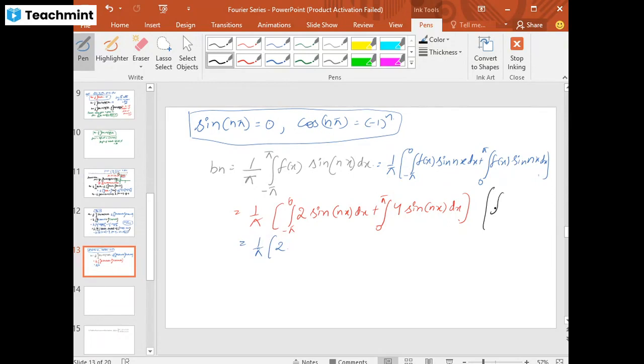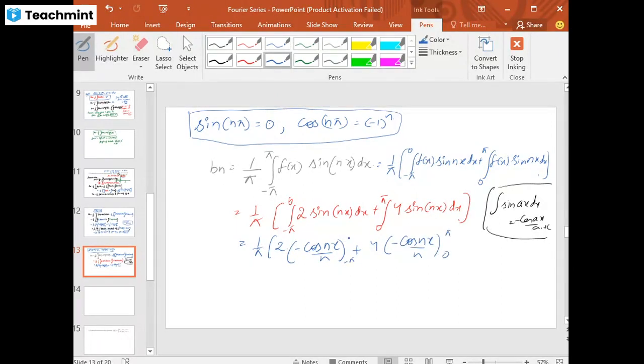So the integral of sine ax dx is minus cos ax upon a plus c in case of an indefinite integral, but because it is a definite integral, we are not using this arbitrary constant c. It is minus cos nx upon n, and this is 4 times minus cos nx upon n with the interval 0 to pi, and here the interval is minus pi to 0.